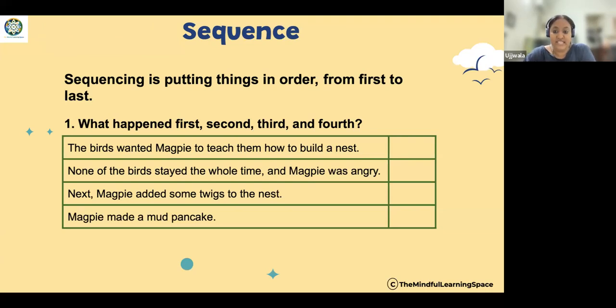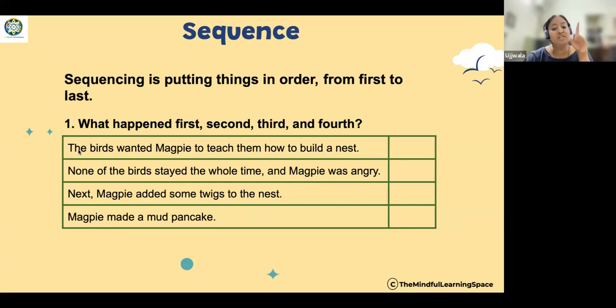Read all the sentences. I think the first one is the birds wanted Magpie to teach them how to build a nest. Yes, very good, Chitra. Then it's probably next Magpie added some twigs to the nest. No, what do you think? No, none of the birds stayed the whole time and Magpie was angry.